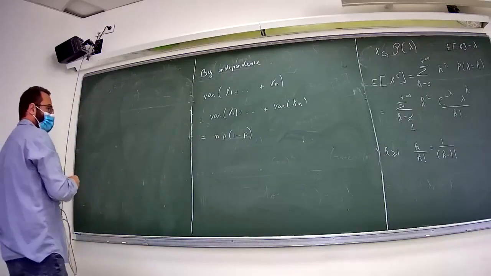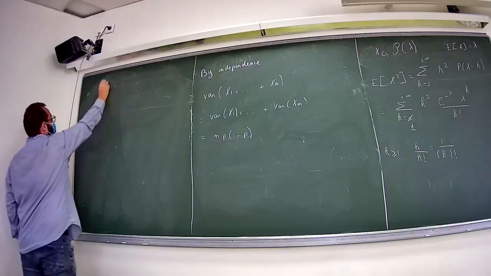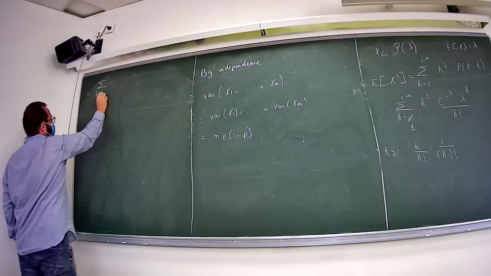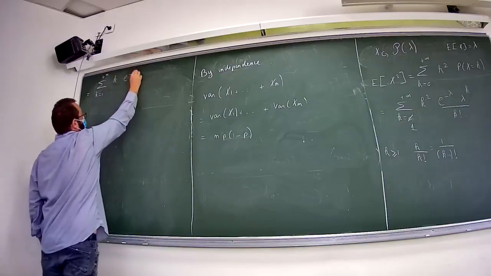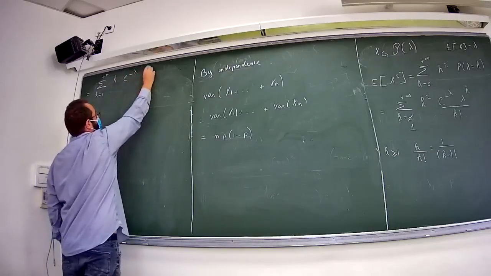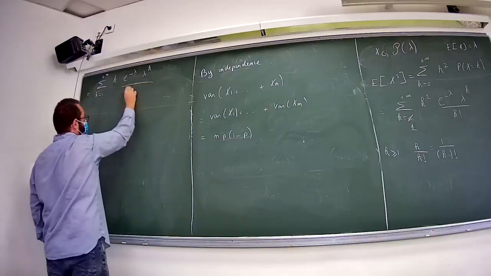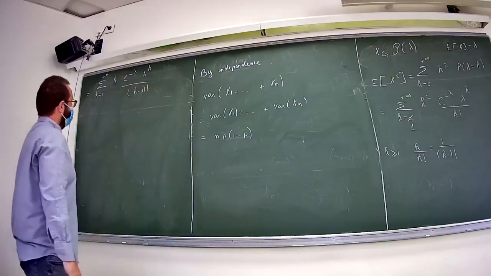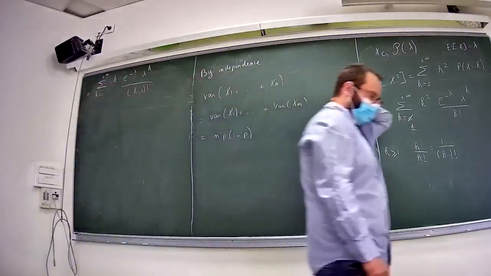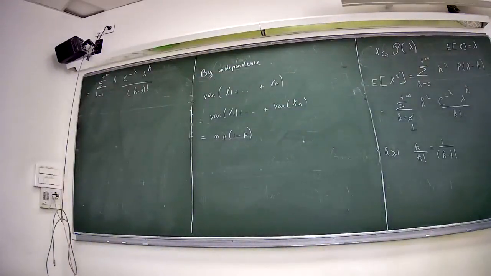So I continue my computation here. I have the sum from k equal to 1 to plus infinity, k exponential minus lambda, lambda to the power k over k minus 1 factorial. I simplify just by k in this expression.